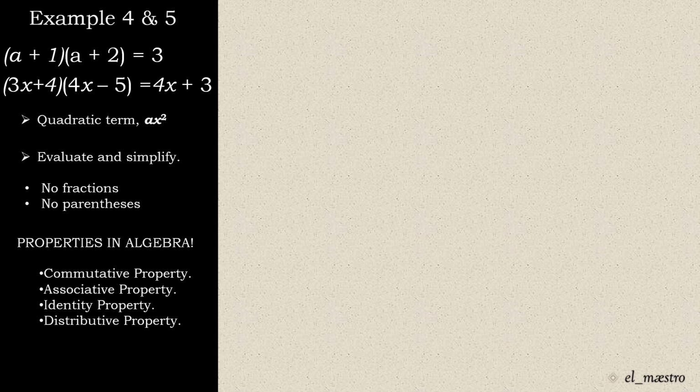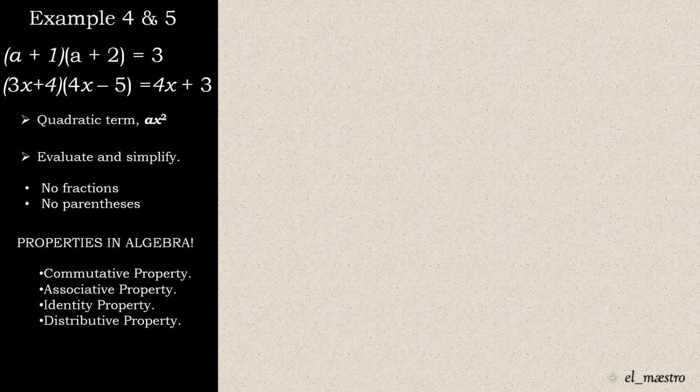Okay, in examples 4 and 5 in your module class, I want you to answer them on your own. Follow what we did in the video, okay? See if you come up with the same answer as in the module. So again, when you answer, use the quadratic term, evaluation, and simplify, then the properties of algebra, okay?